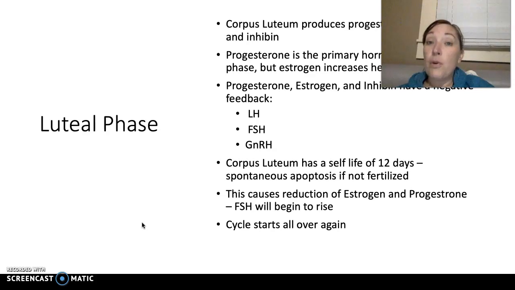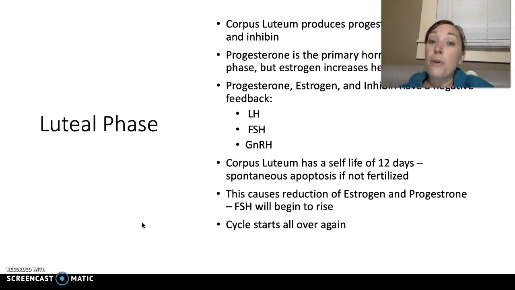Progesterone is the primary hormone of the luteal phase, but estrogen increases here as well. But you need more progesterone because it's responsible for really priming that uterine lining and recruiting blood vessels to that uterine lining and thickening the uterine lining in case fertilization occurs and a zygote does need to implant into the lining. It is getting it ready for that.